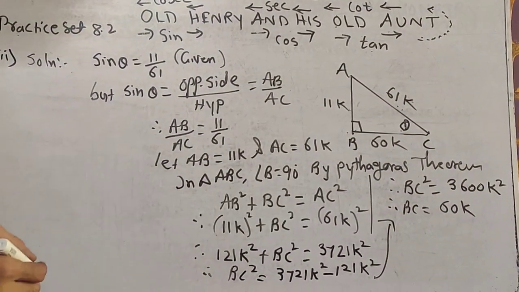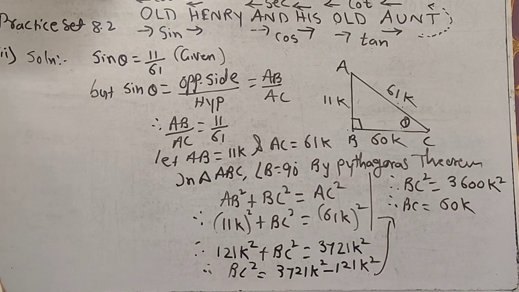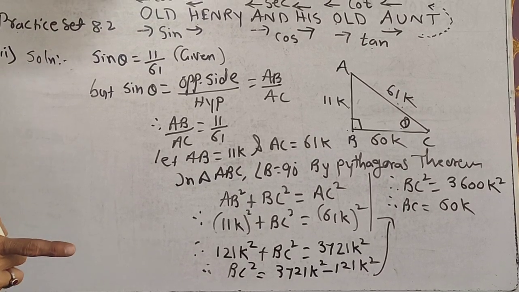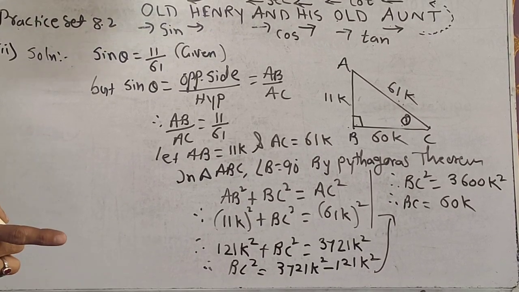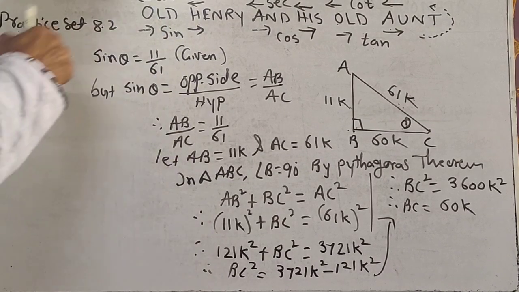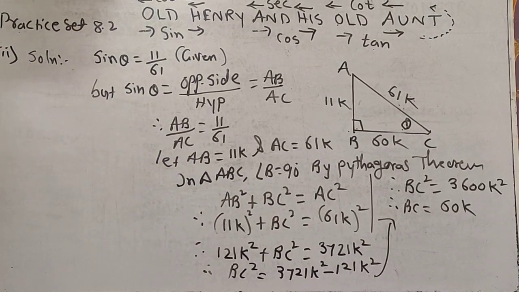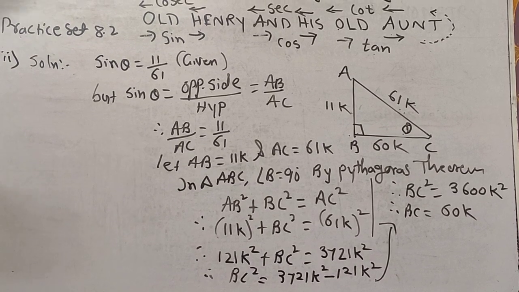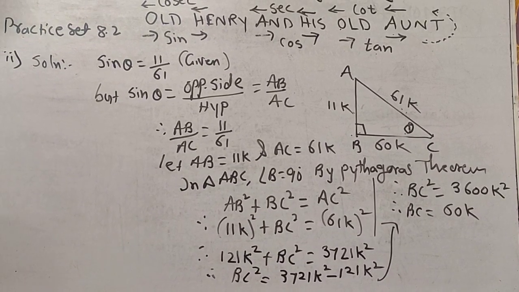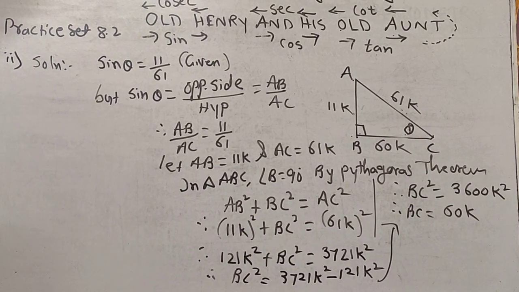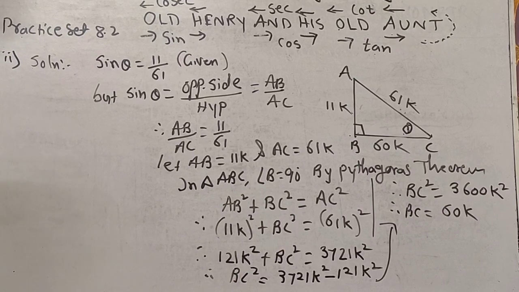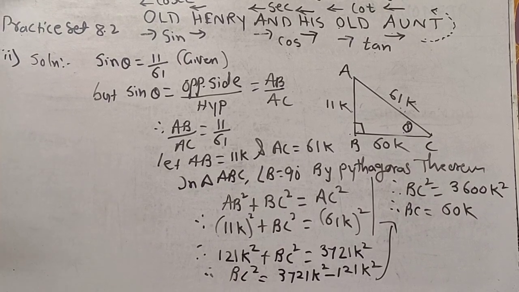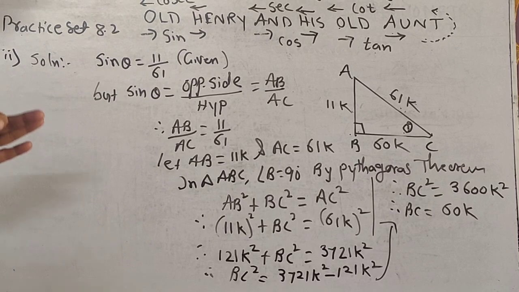After getting this, we want the value of cos theta and tan theta. Please copy it down, then I will show you how to get cos theta and tan theta also. Very easy sum for you, okay, same type sum, but still we are solving for you.